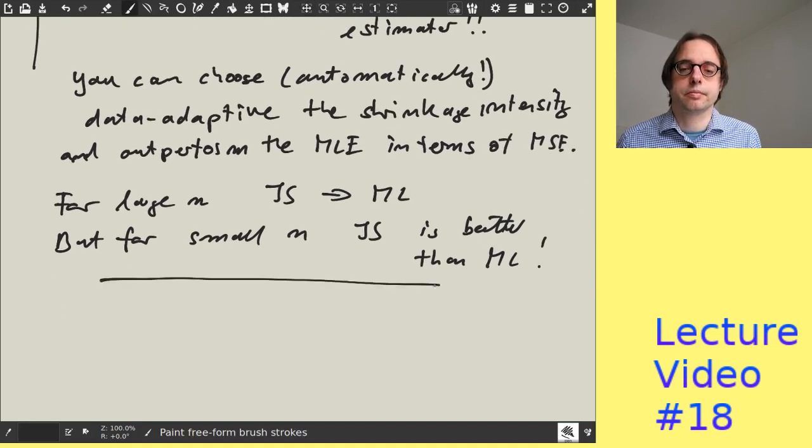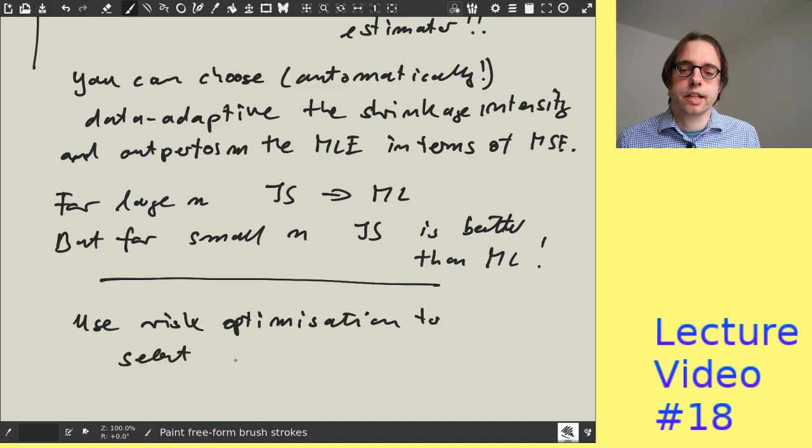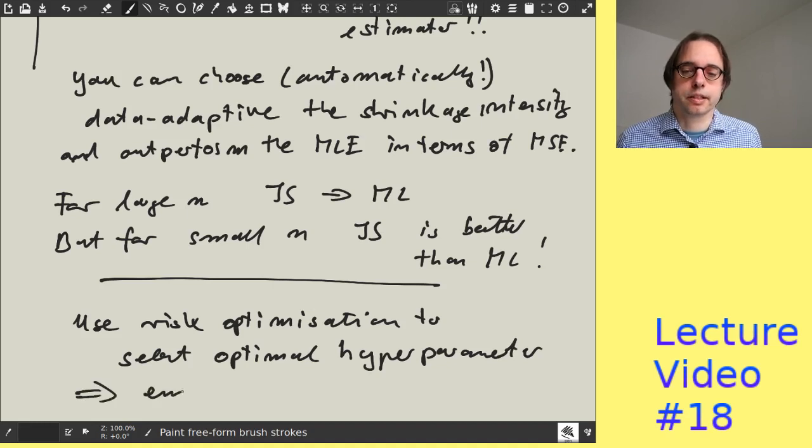So use risk optimization to select the optimal hyperparameter, and this is then called empirical Bayes.